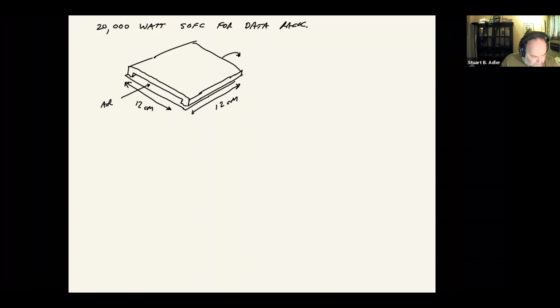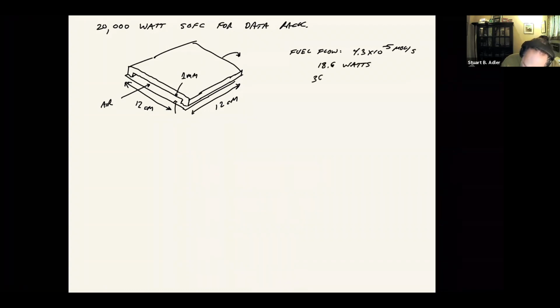And for the moment, let's start just with an approximation that this gap is going to be 1 millimeter. The fuel flow to this cell, I think we calculated, was 4.3 times 10 to the minus 5 moles per second. And this was producing 18.6 watts.